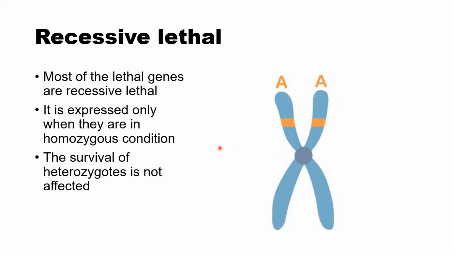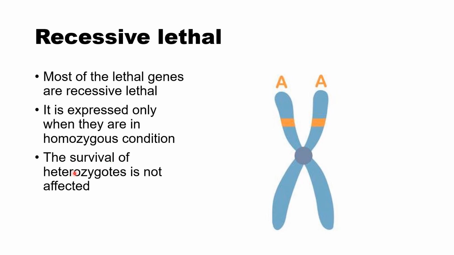So, we also have what we call as yung recessive lethal na tinatawag. So we have yung dominant lethal at saka yung recessive lethal. When we say recessive lethal, most of the lethal genes natin are recessive lethal na tinatawag. It is expressed only when they are in homozygous condition. So the survival of heterozygotes is not affected.